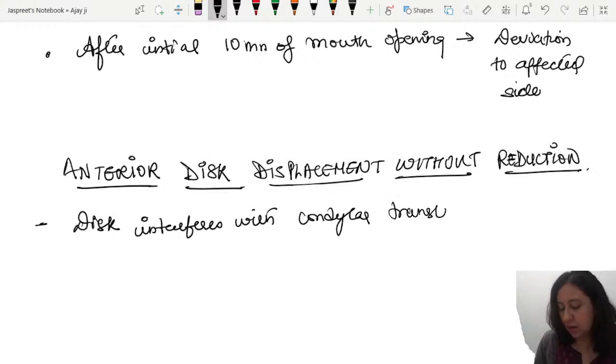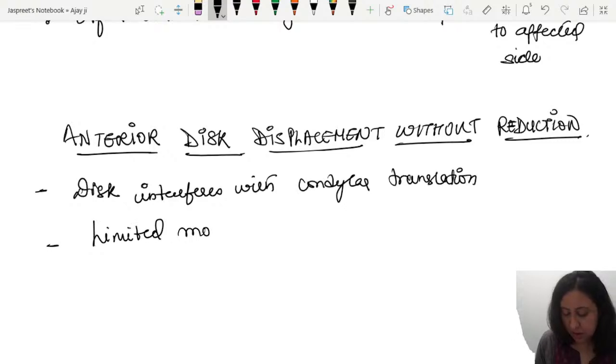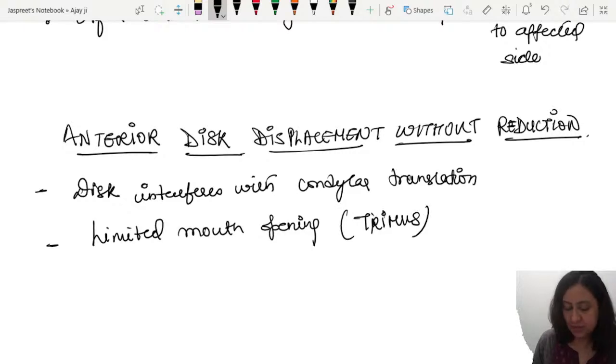Just write it down. I will explain again with the diagram so that it is easier to understand. There is limited mouth opening. So there is trismus.